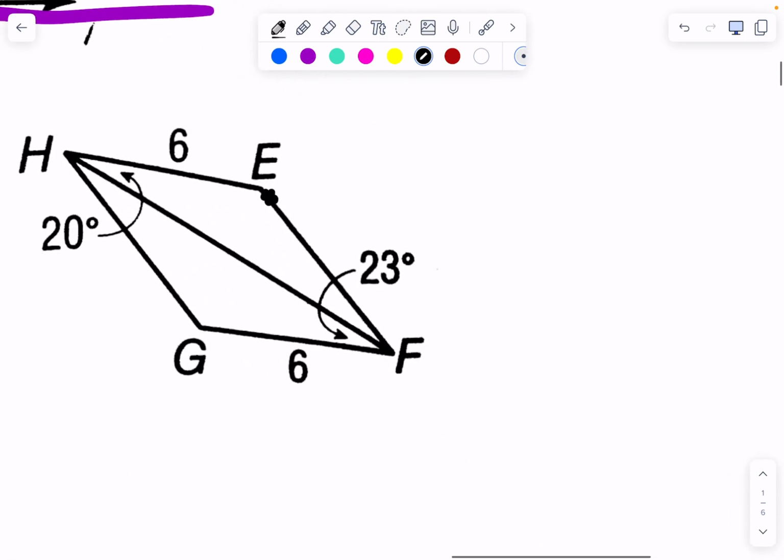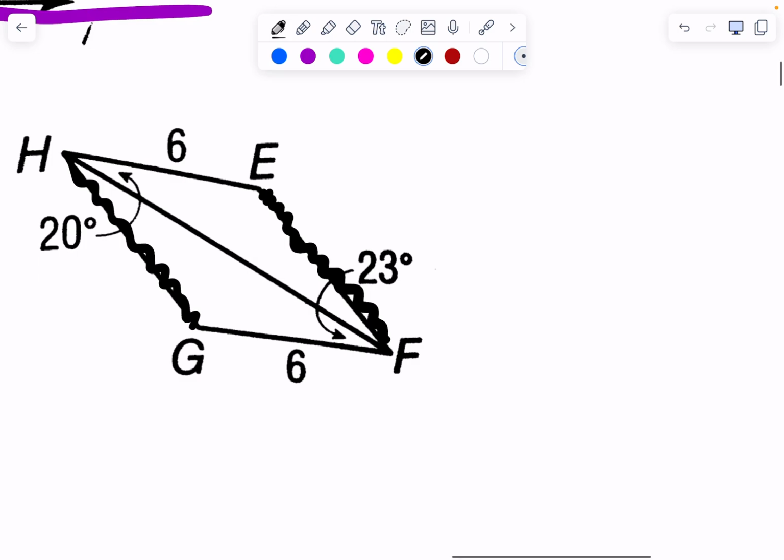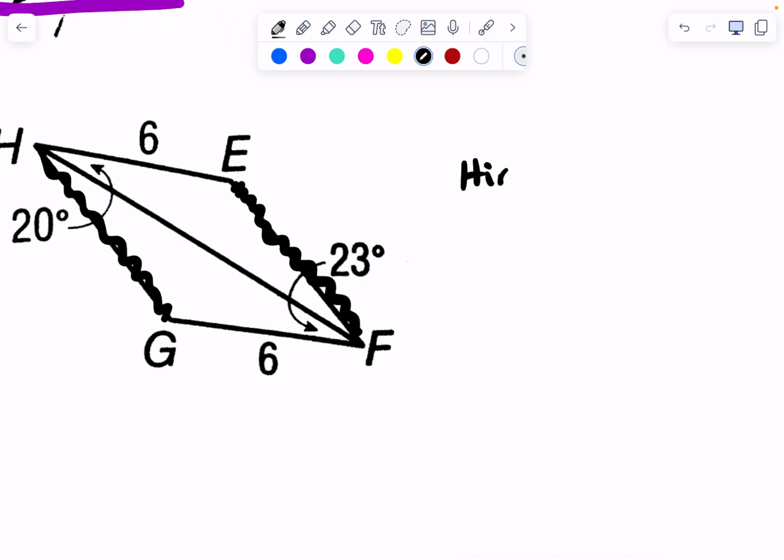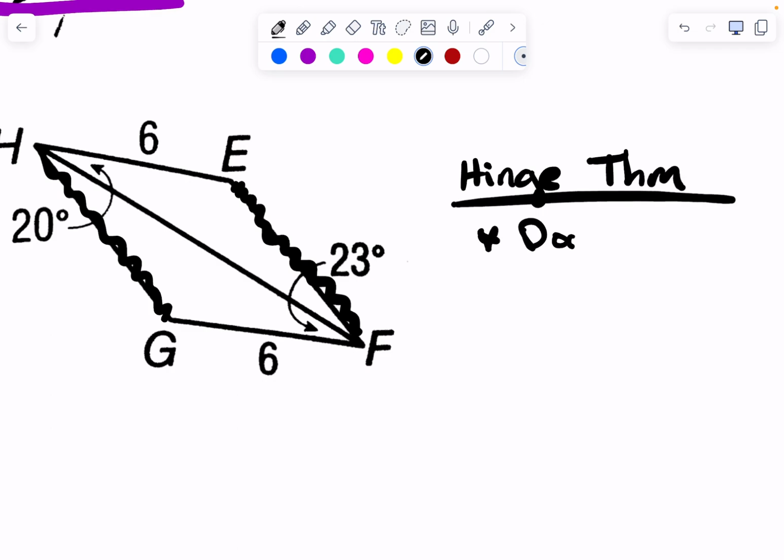Okay, EF is this guy and GH is this guy. This goes back to something called the hinge theorem. And here's what the hinge theorem said. I want my doors matching. I want my door frames matching.